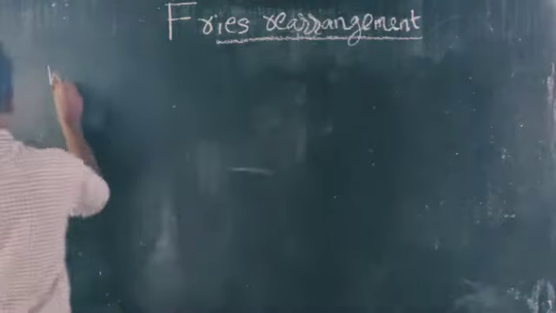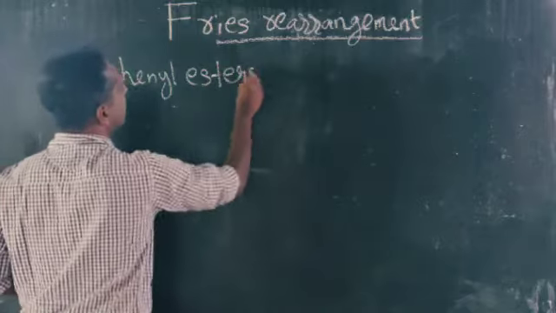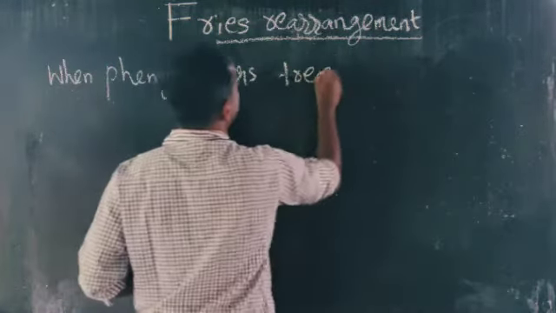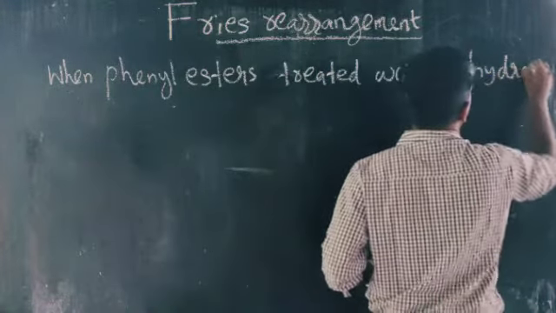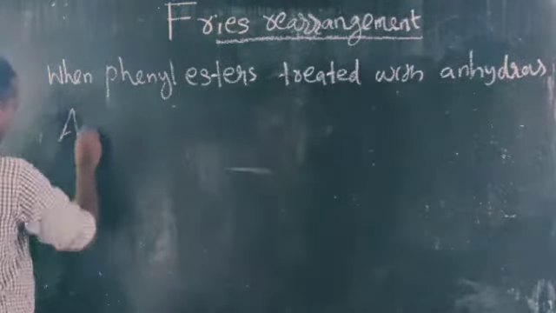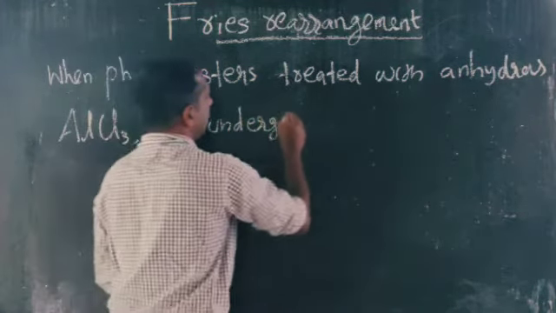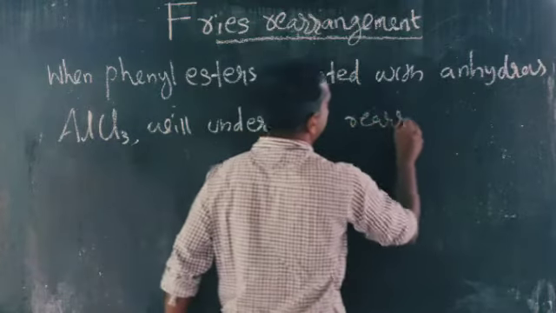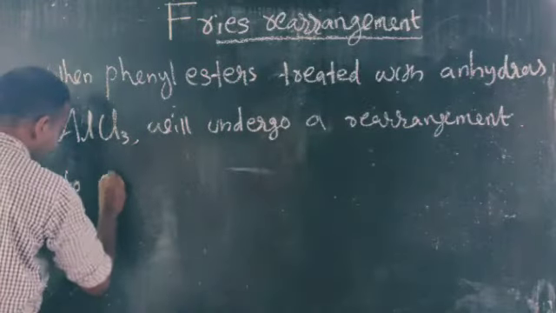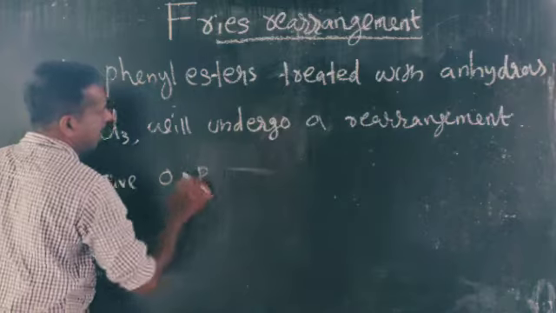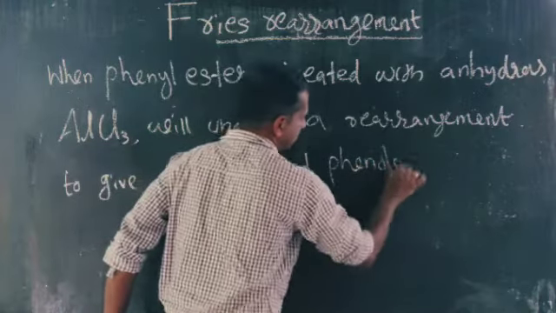So, what is Fry's rearrangement? When phenyl esters are treated with anhydrous aluminum chloride, AlCl3, they will undergo a rearrangement to give ortho and para acylated phenols.